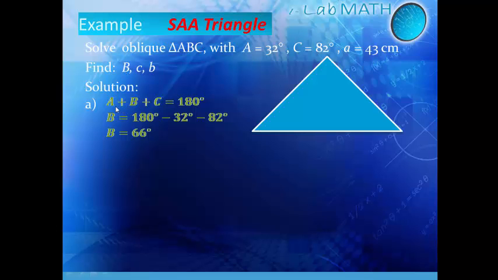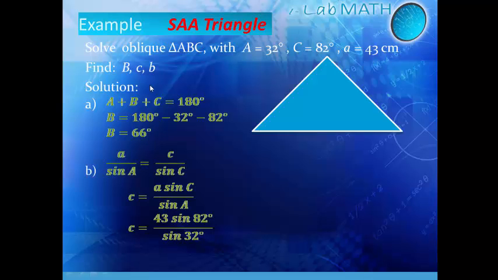Using the theorem that internal angles in a triangle measure 180 degrees, that becomes A plus B plus C is 180. And looking for angle B, that is 180 less 32 less 82. Then acute angle B measures 66 degrees.